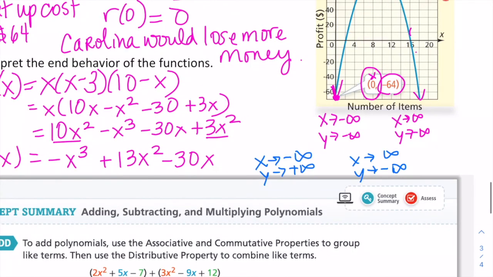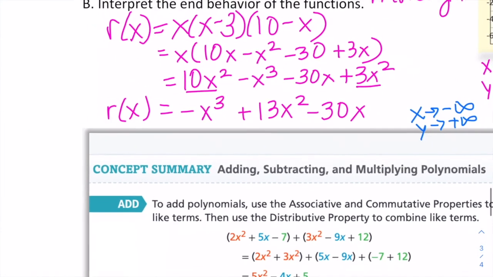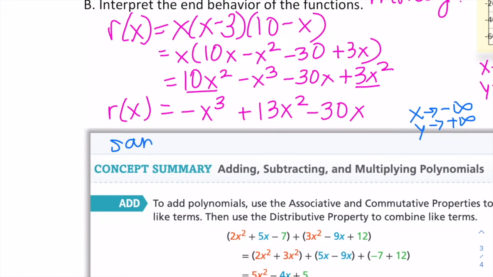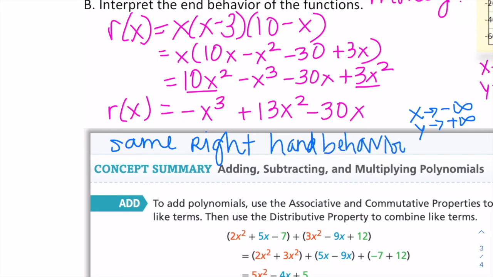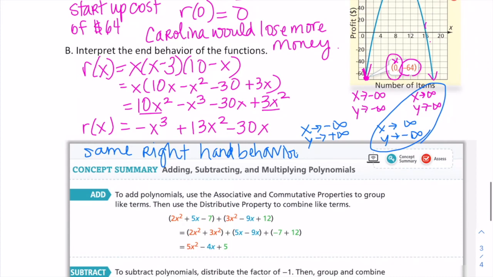So comparing them, they actually have the same right-hand behavior. And knowing what a cubic looks like, we know that the cubic will probably look like this.